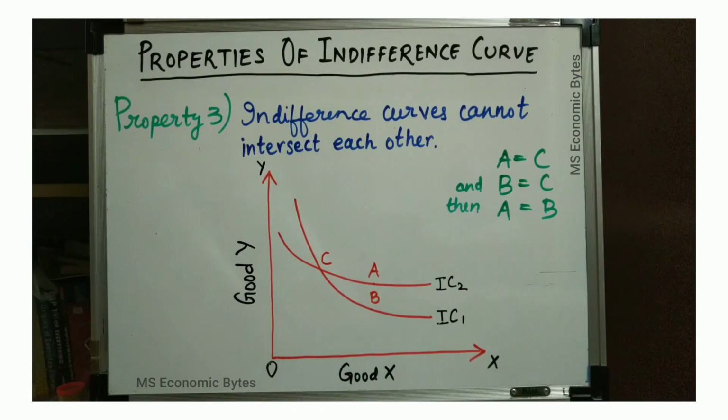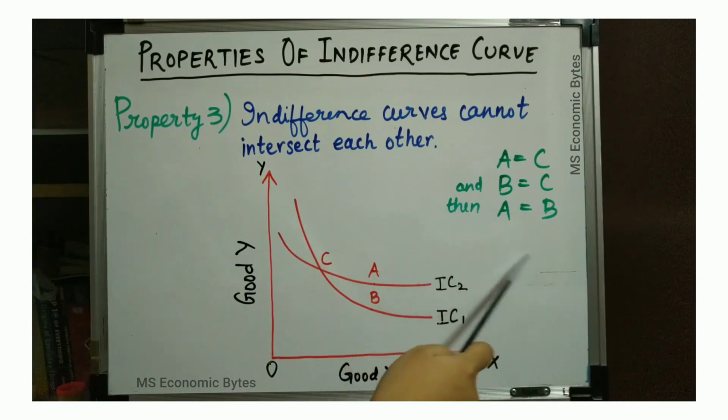In this diagram, we have two indifference curves IC1 and IC2, and they have different levels of satisfaction. Now point A and point C, since they are on the same indifference curve IC2, have the same level of satisfaction or yield the same level of utility. Similarly, point B and point C are also on the same indifference curve IC1, which means they also yield the same level of utility.